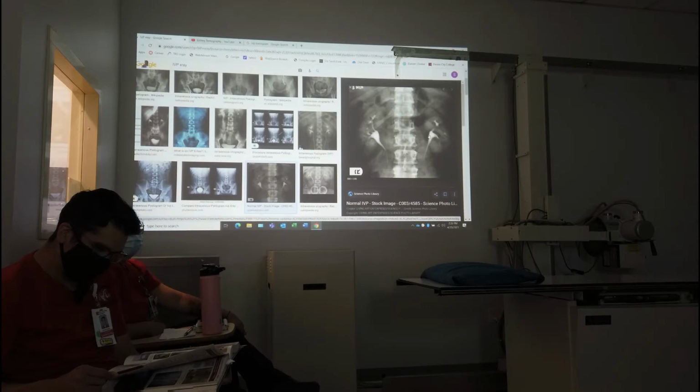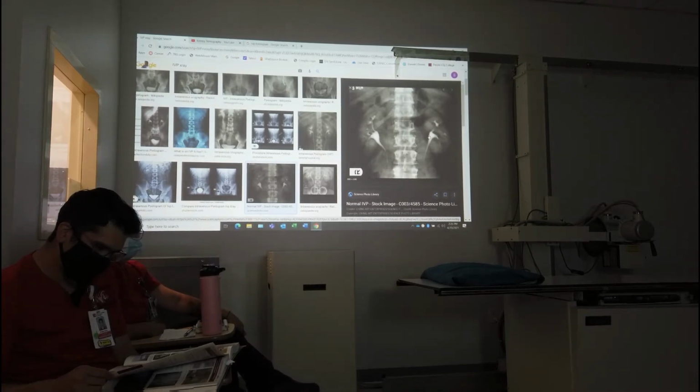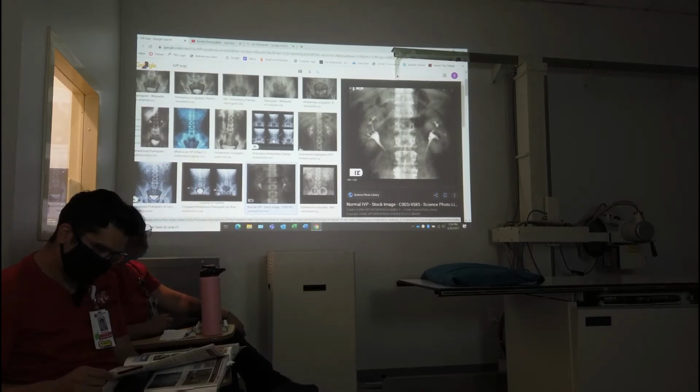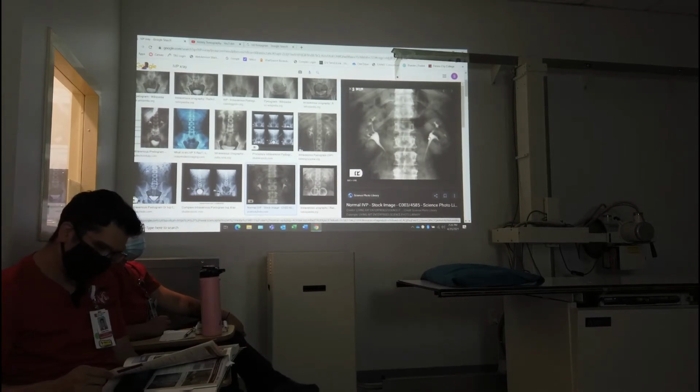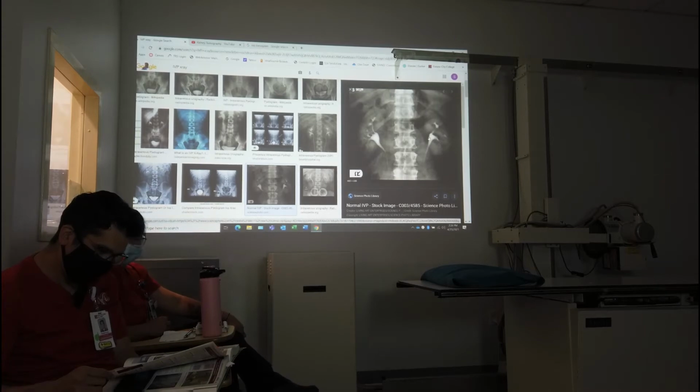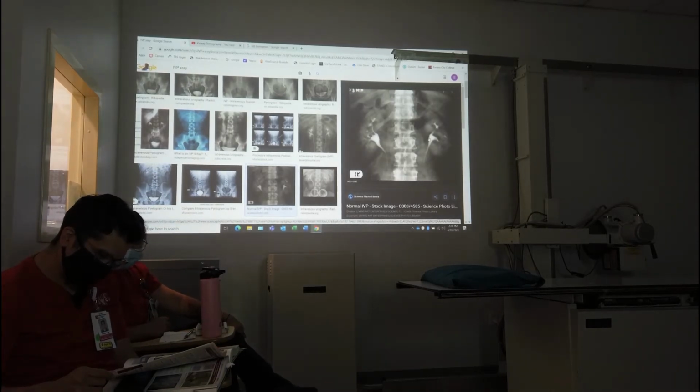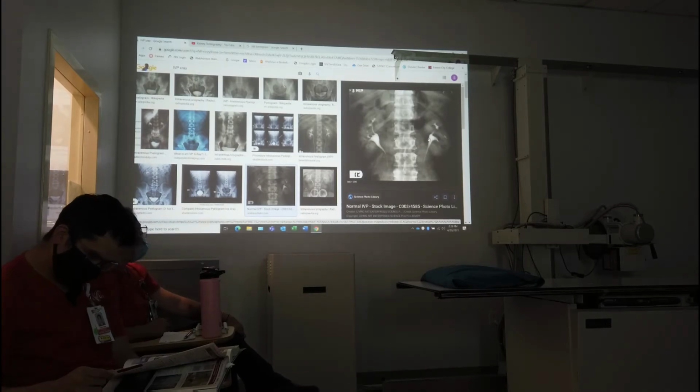Some of the moderate side effects are moderate to severe urticaria, laryngeal swelling, angioedema, hypotension, tachycardia, bradycardia. Those are a little more moderate, and you have to really pay attention to them.